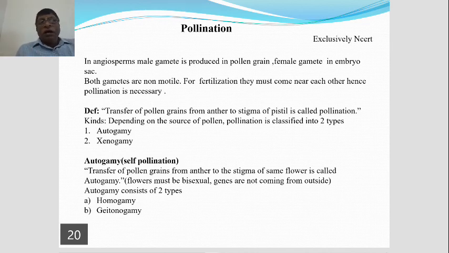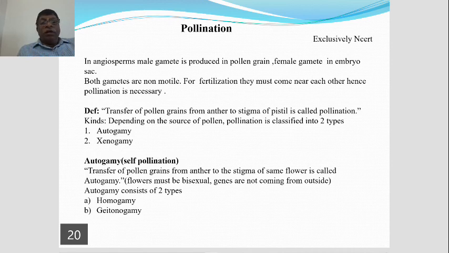Now we shall see the definition of pollination. What is pollination? Transfer of pollen grains from the anther to the stigma of a pistil is called pollination.